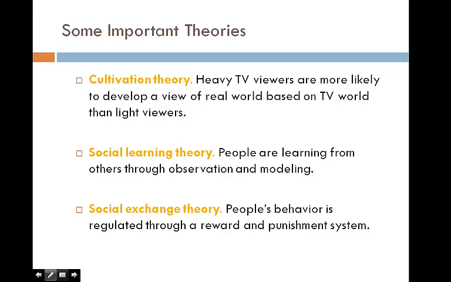Social exchange theory is about how people's behavior is regulated through a reward and punishment system. If we do well, we get rewarded, we can keep doing well, and that's how we exchange with other people. If we get punished, we will not do that thing again. That's how it works.